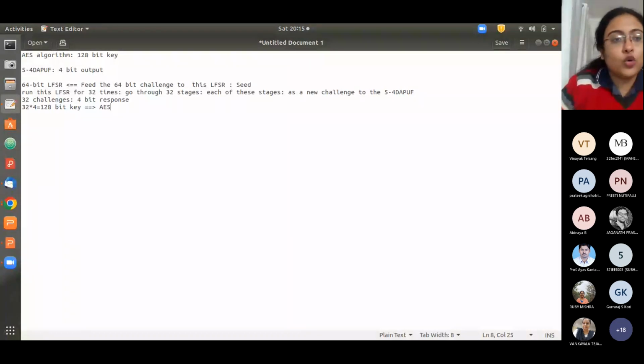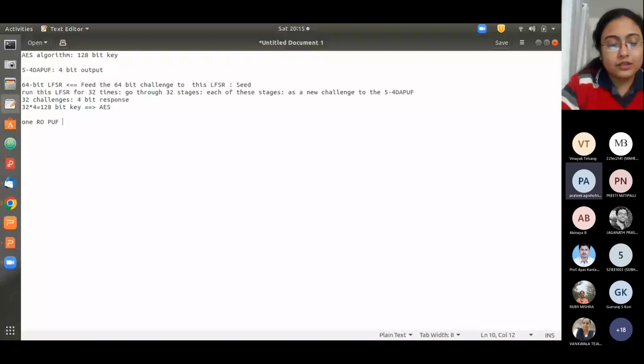Now you can do it for your ring oscillator PUF also. If you want to create this, you can use just one RO PUF, which may be, suppose, 8 stages or something. You feed the seed.